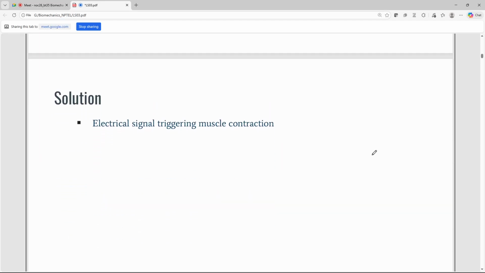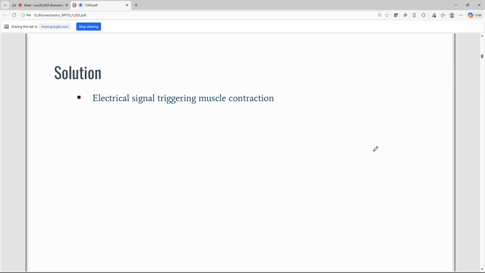Yes, the answer is the third option, electrical signal triggering muscle contraction. An electrochemical reaction happens in the neuromuscular junction when neuronal excitation happens. Literally, some electrical signal is given to the neuromuscular junction, and from that electrical signal the release of acetylcholine and calcium ions happens, which starts the cascade.